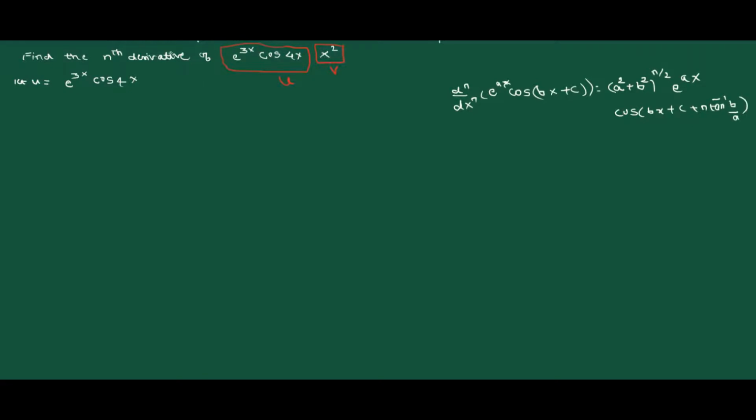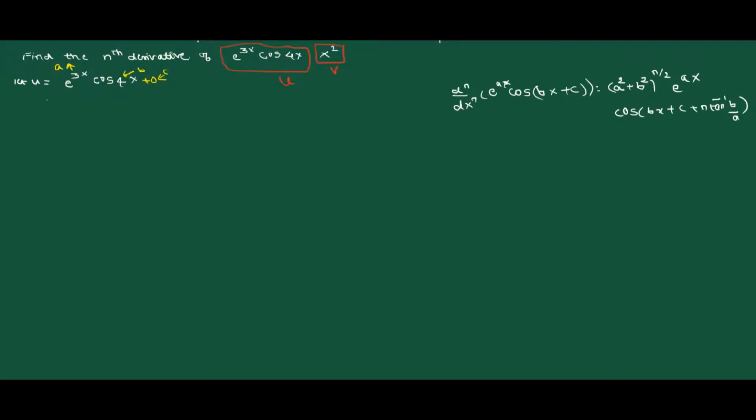So this is the nth derivative of e raised to ax into cos(bx plus c). So here a is equal to 3 and b is equal to 4, and c value is absent here, that is plus 0, means c value is absent.